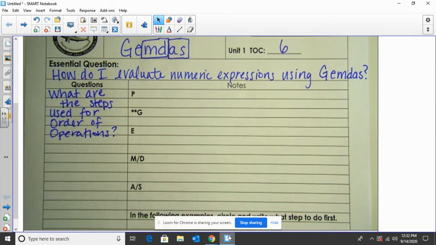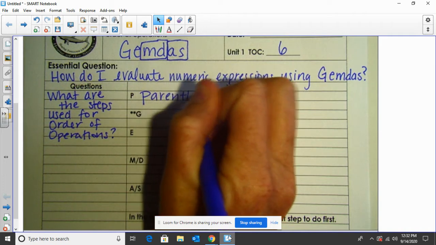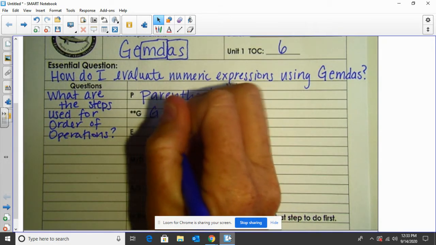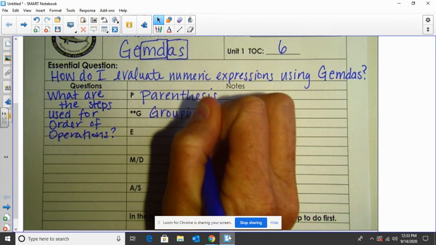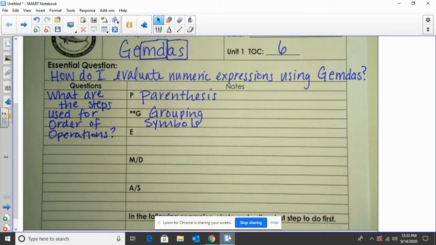So the first step is always parentheses. In 7th grade, we're going to upgrade that parentheses into what we call grouping symbols. So we have different grouping symbols in 7th grade.